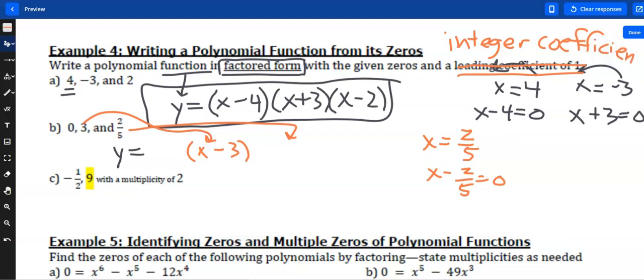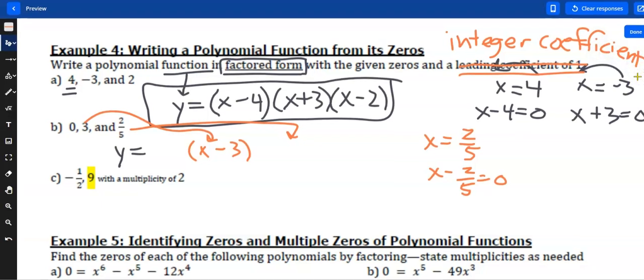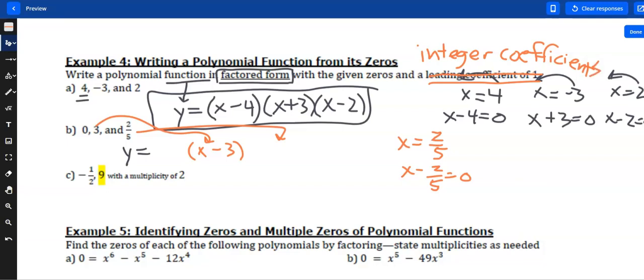I don't necessarily need a leading coefficient of 1. I do need leading coefficients which are integers. So how would that be changed on this? Well, I would multiply it by 5. And if I do that, I would get 5x minus 2. This is what I am wanting. 5x minus 2, not x minus 2/5.